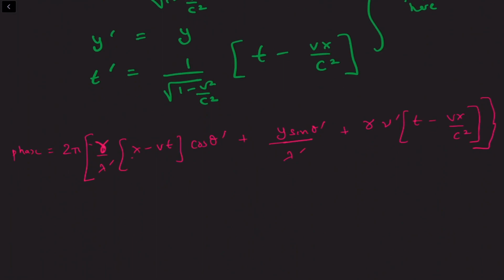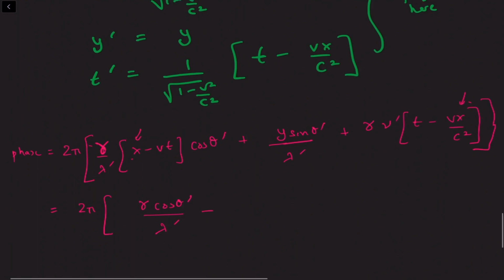And now we can collect all the terms which have x in them. So we collect all the terms which have x in them, and we can write them like this: gamma cosine theta prime by lambda prime. There's an x here, and then there's an x over here. So we can pull out the gamma common to both those terms.